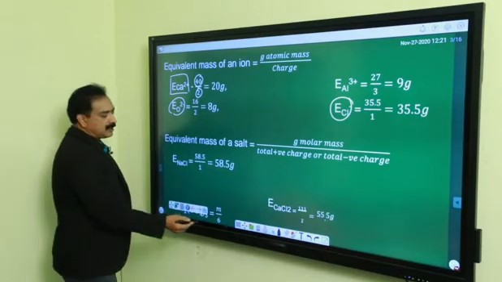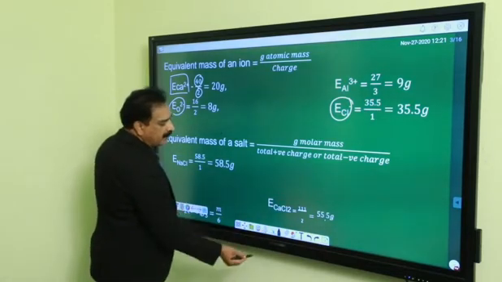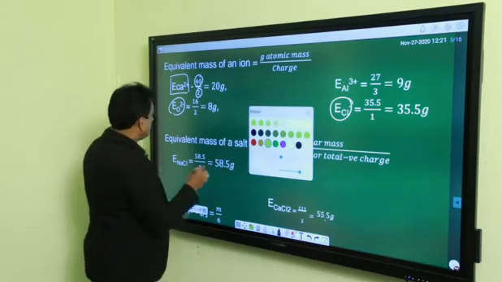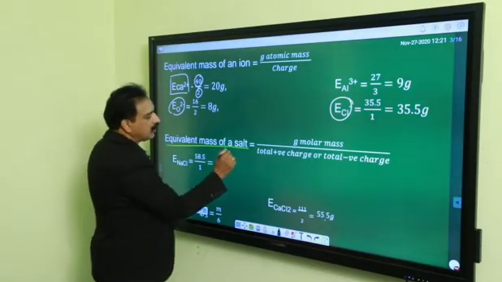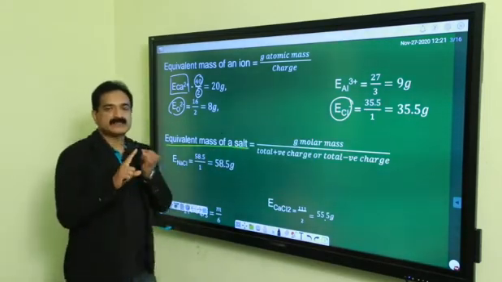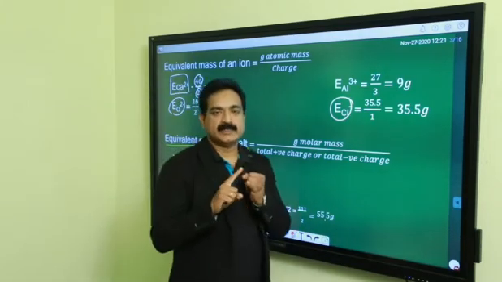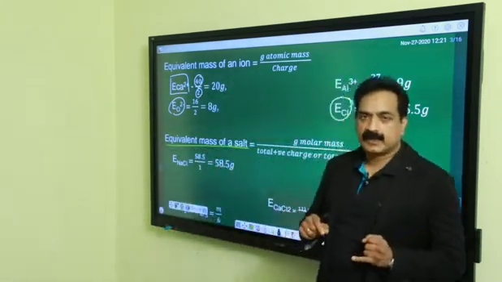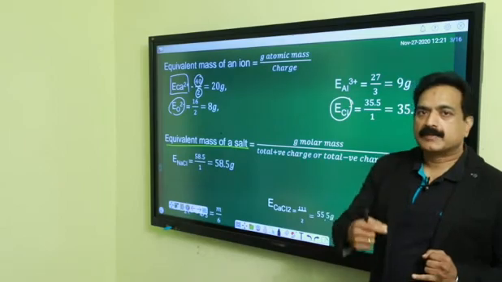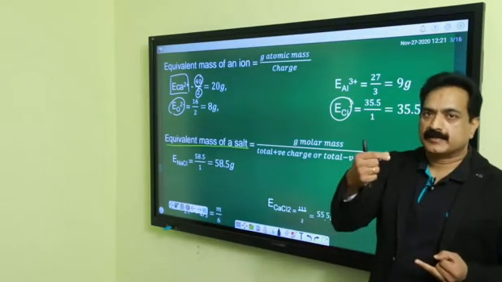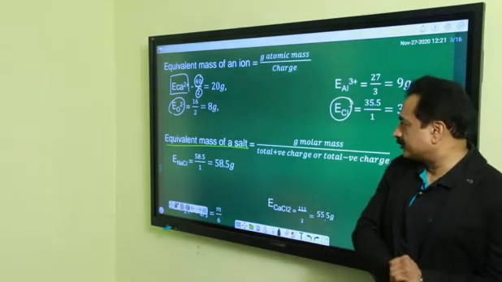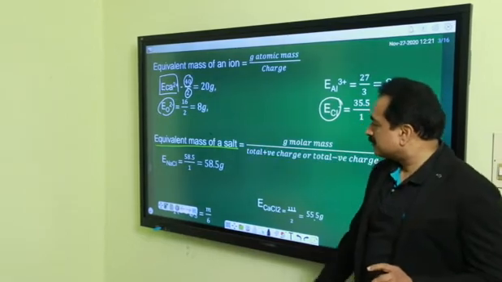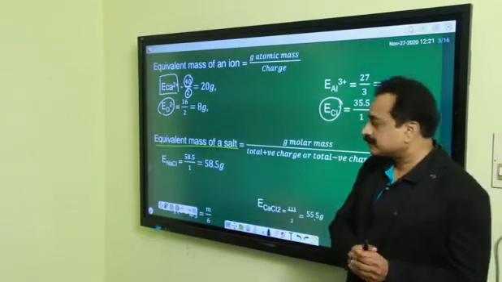Now comes the equivalent mass of a salt. So we have discussed the equivalent mass of an atom, which is atomic mass divided by valency. The equivalent mass of an ion is atomic mass divided by its charge. Now the equivalent mass of a salt. What is a salt?